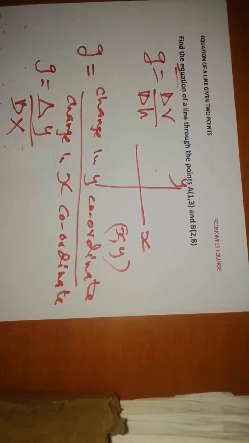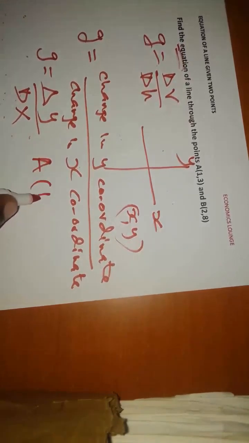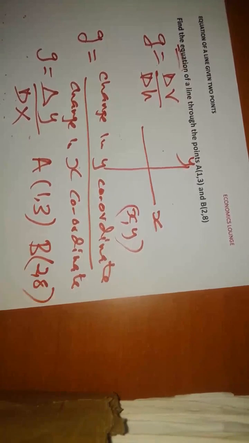So in this case, we have a line that passes through point A (1, 3) and point B (2, 8). So that means our point A has coordinate (1, 3), and our point B has coordinate (2, 8).